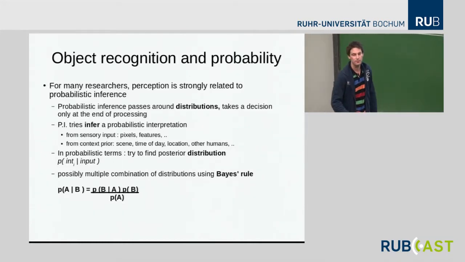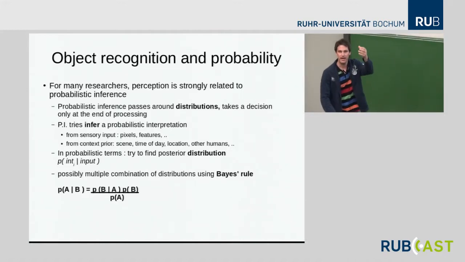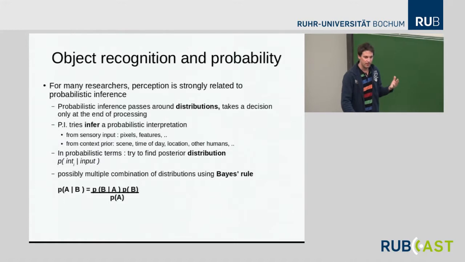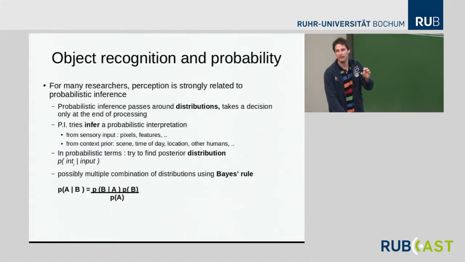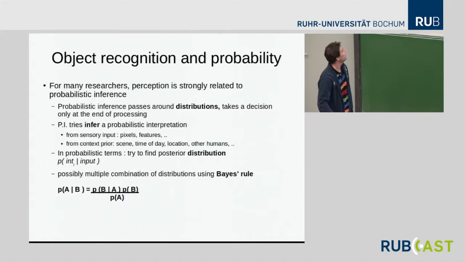That's what you do when you do probabilistic processing. The idea is that you pass around distributions, process distributions, give back distributions, and only at the final decision-making stage you really select the most likely interpretation. In that way, you don't lose any information on the way to the top if you do hierarchical processing.